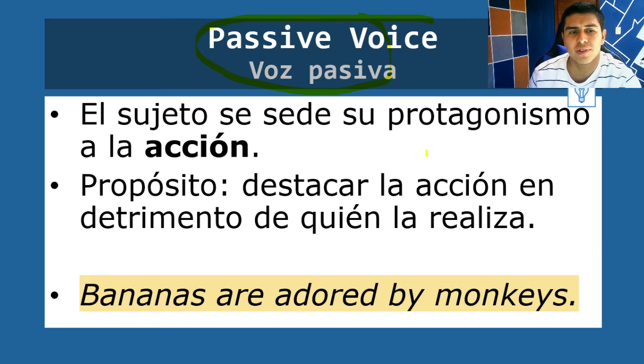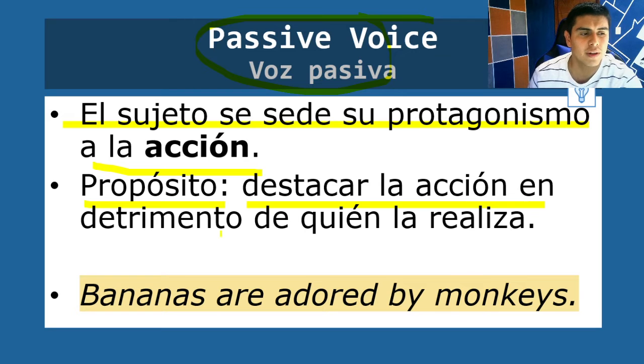Well, it's going to change the focus from who does what to what is done. So, el sujeto cede su protagonismo a la acción. What is the purpose? Es destacar la acción en detrimento de quien o que la realiza.